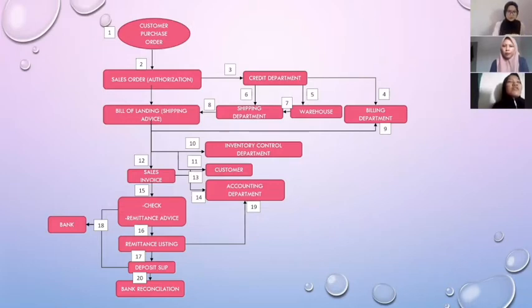Before we proceed to sell, we should check their credit, whether their credit is good or not. So the sales order will be passed to the credit department. If the credit department approves the sales order, copies of the sales order will go to the billing department, warehouse, and the shipping department.